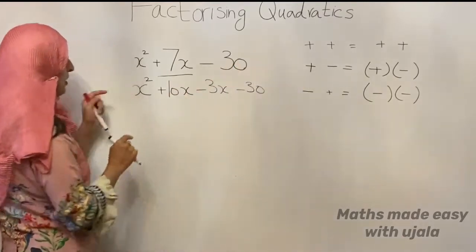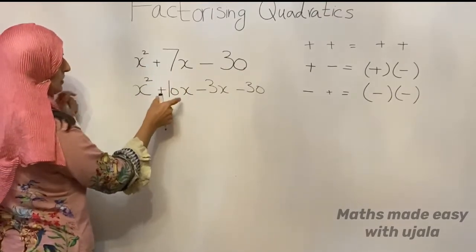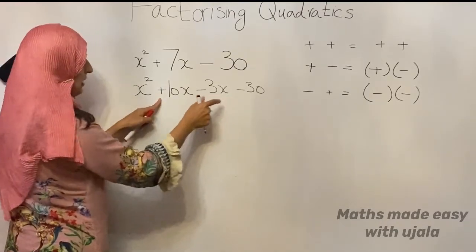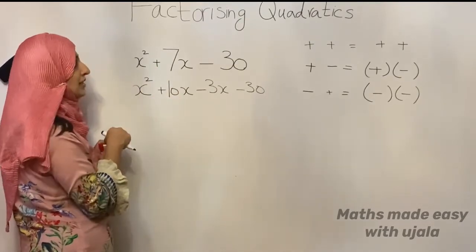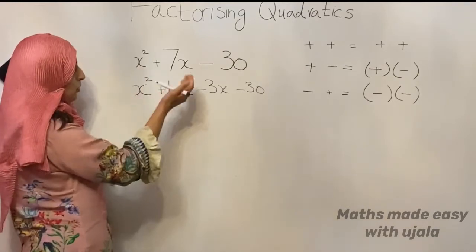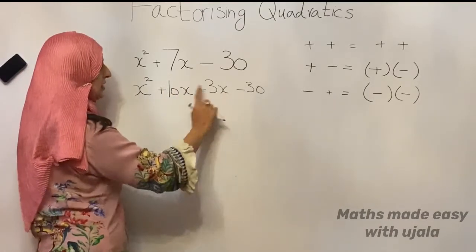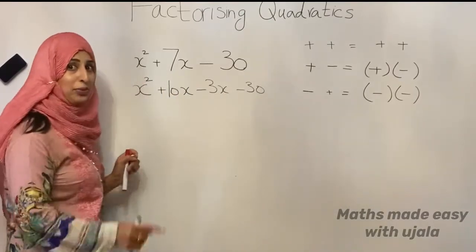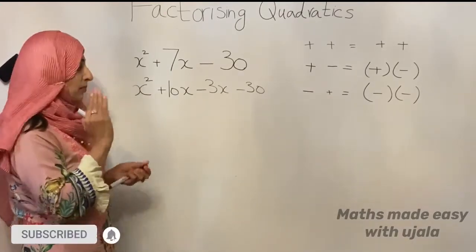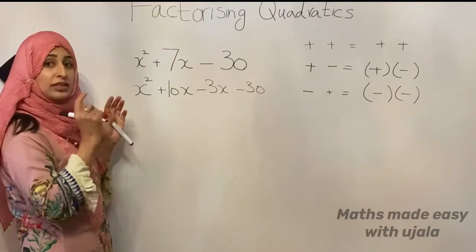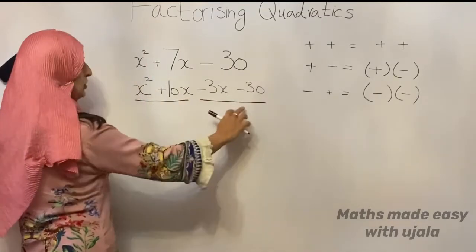According to the rule, the first is plus and the second is minus, and the sign of the bigger number goes with the sum. So 10 minus 3 is 7, but if you multiply plus times minus, 10 times 3 is 30. I hope you are understanding this method. It's very easy. You just need to play with the numbers and make sure you are getting the right times tables. So, again, I have to make pairs of two.